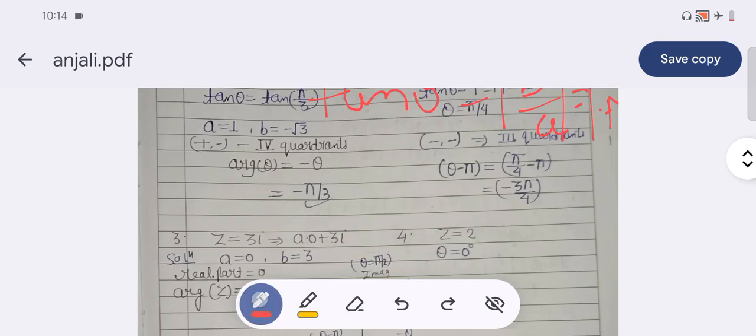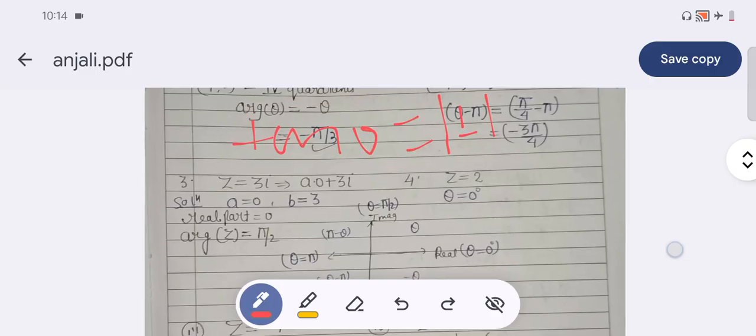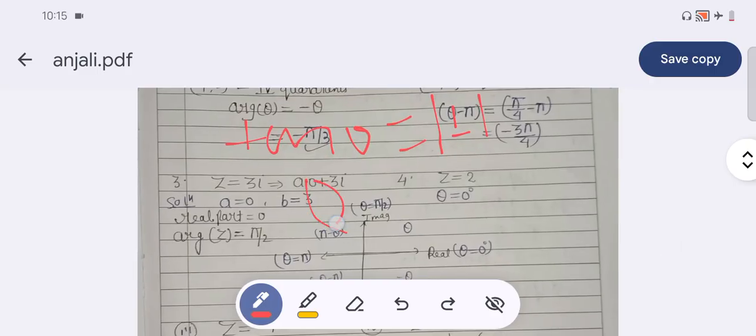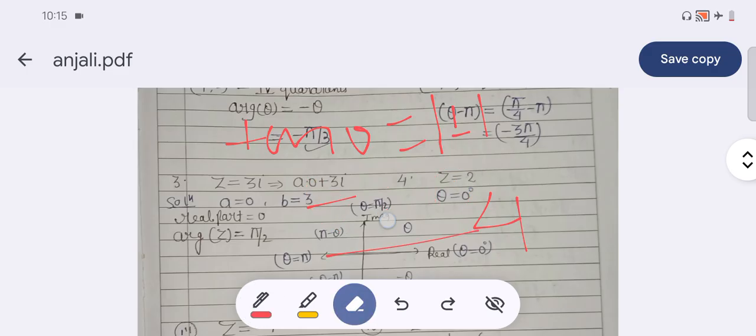Then tan theta will be mod of 1, and which angle gives tan theta as 1? Theta will be pi by 4, because the value of tan pi by 4 is 1.